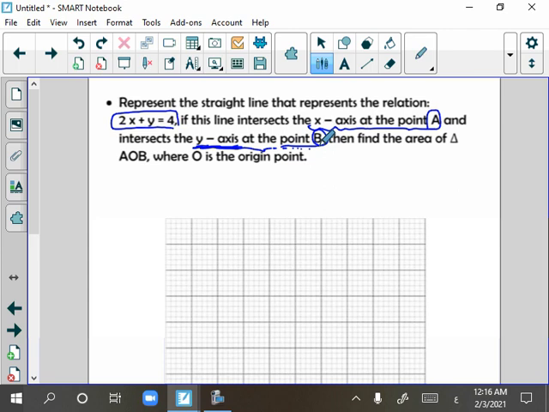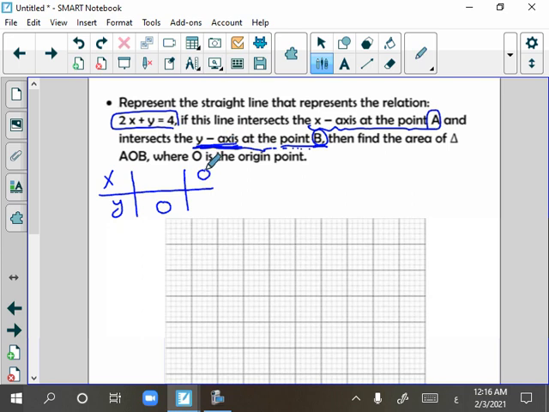Okay, firstly we will make a table with x and y. When A intersects the x-axis, then y equals 0. And when B intersects the y-axis, then x equals 0.